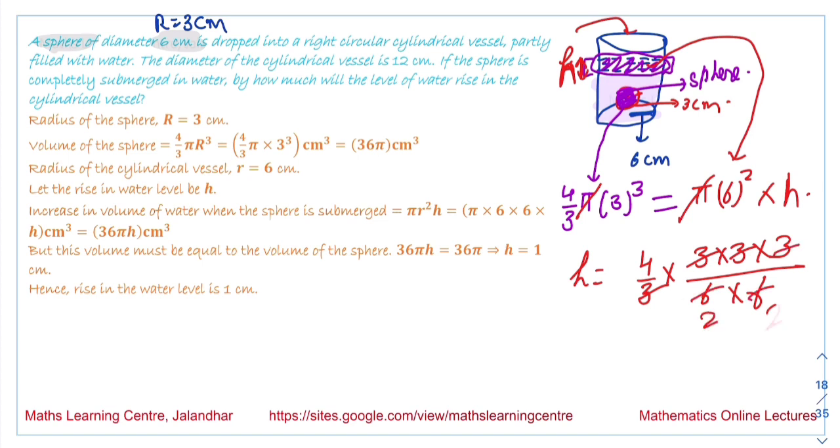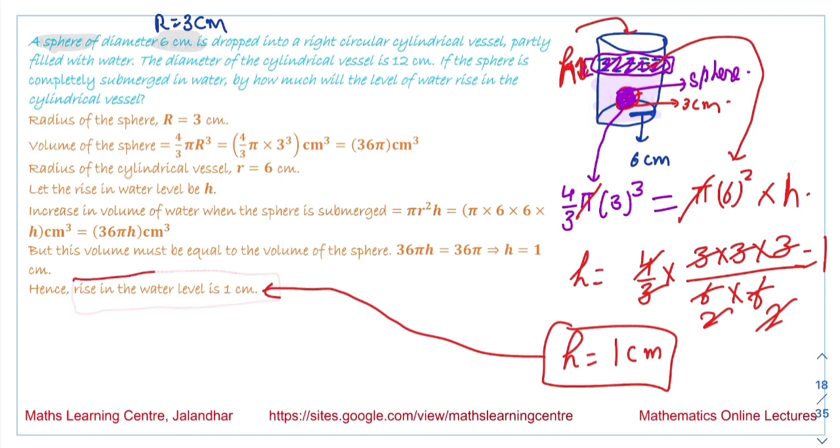So these values get cancelled, and the value of H we get is equal to 1 centimeter. So the rise in the level of water will be equal to 1 centimeter.